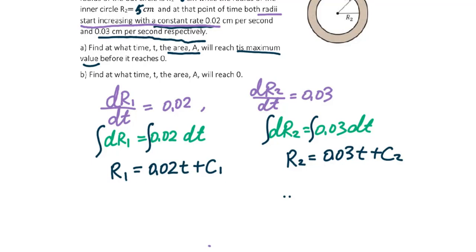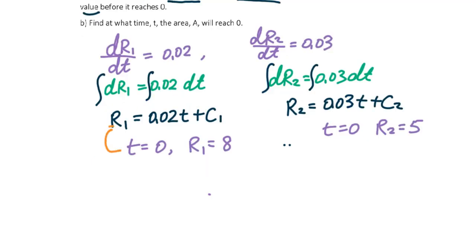According to the given information, when t equals 0, r1 equals 8. When t equals 0, r2 equals 5. We substitute back to r1 and r2 separately. You will get 8 equals 0.02 times 0 plus c1, so c1 equals 8.